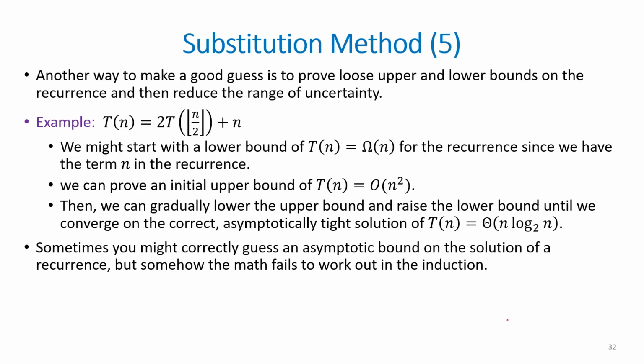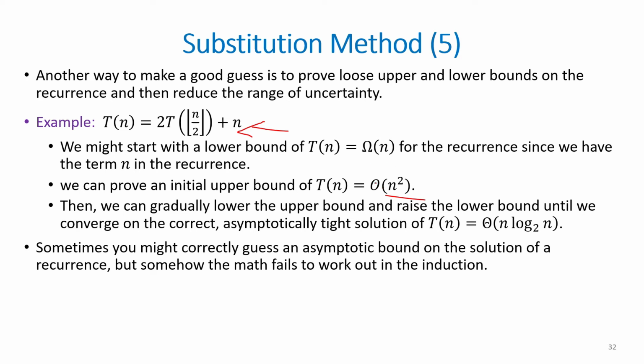Another way to make a good guess is to prove the upper bound and the lower bound for a given recurrence equation and then reduce the gap of uncertainty between these bounds. That means we try to bring the upper and lower bounds closer to each other, until we reach a point where these two would actually meet. For example, in this equation, we take the lower bound to be omega n, which is true, as we know that the solution to this is n log n, and we take the upper bound to be big O of n squared.